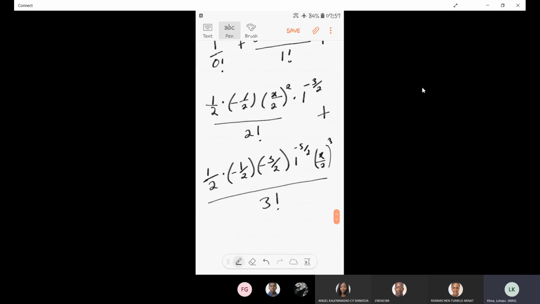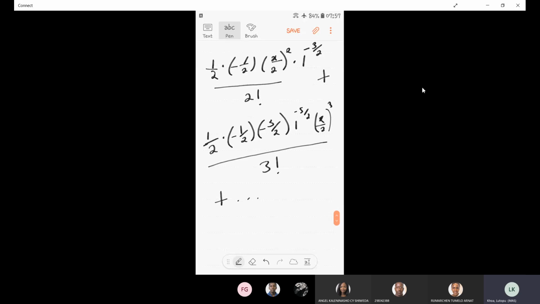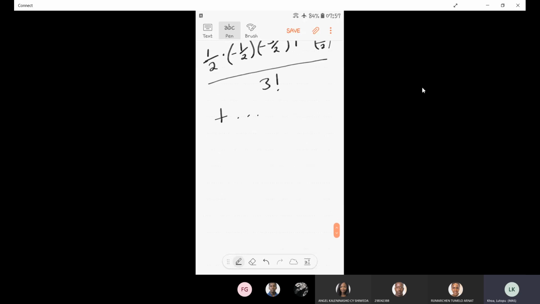Okay, so that will be the last term that I write. So I put the dot dot dot because we're asked to write this to 4 terms. We have 4 terms in the expansion. Now I simplify.